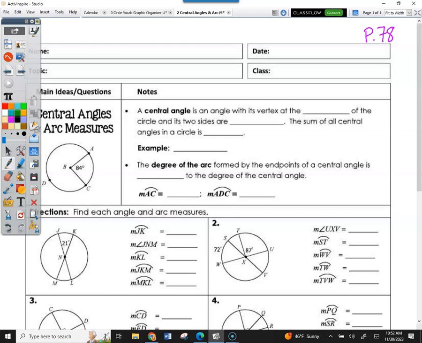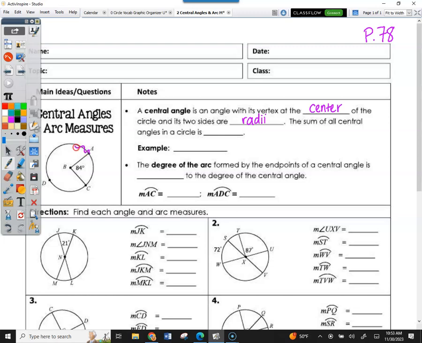Page 78. A central angle is an angle with its vertex at the center of the circle, and its two sides are radii. Now, how many degrees are in every circle? 360. So, don't draw this, because I'm going to erase it in just a second, but watch.